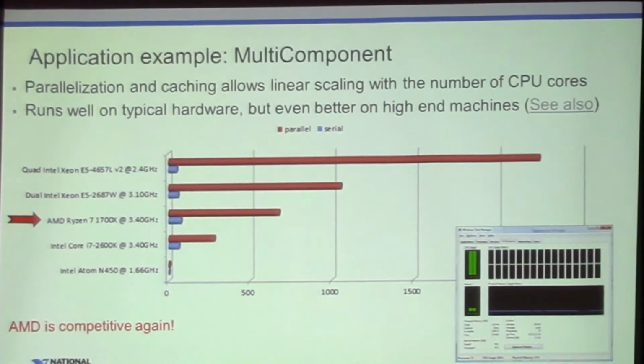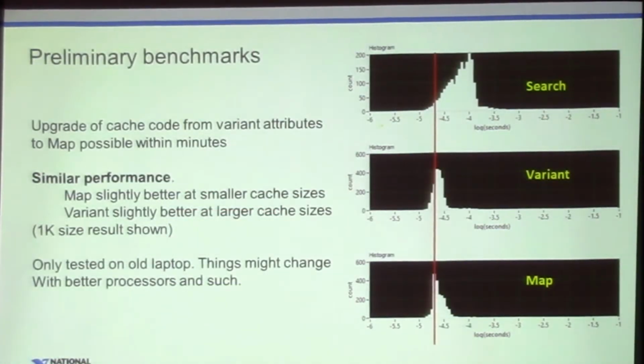This is a very preliminary benchmark. It took me literally maybe 10 minutes to take that entire BI and replace the variant stuff with the map-based thing.